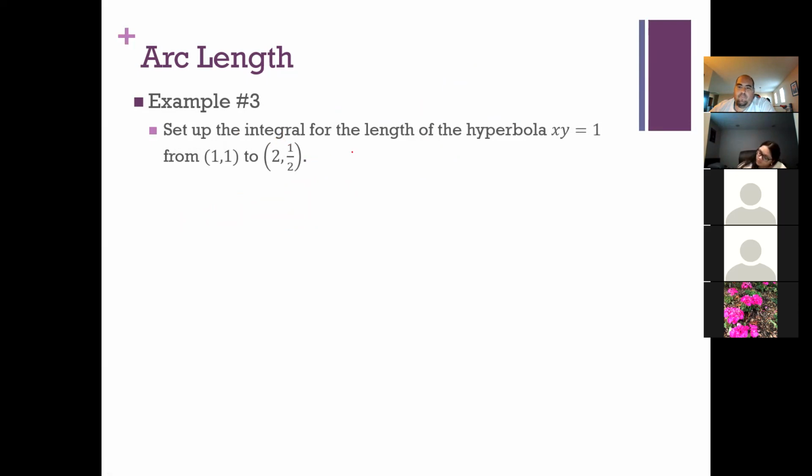Okay. Where it's like y equals 1 over x. Okay. So y equals 1 over x. So we have a function written in x. So that's good. Definitely a good first step. Now what?